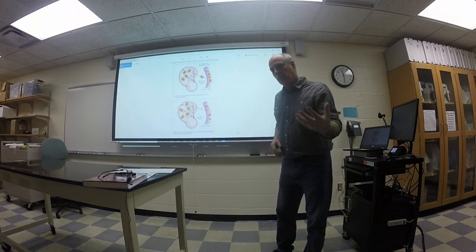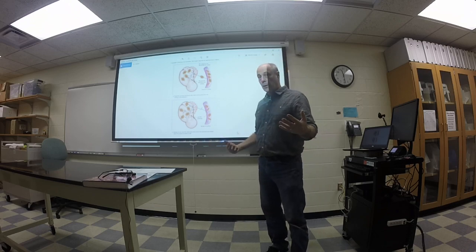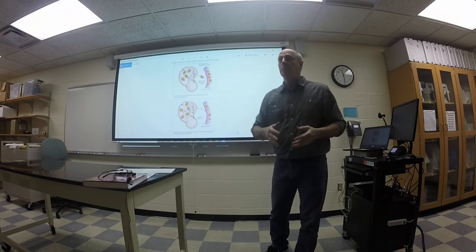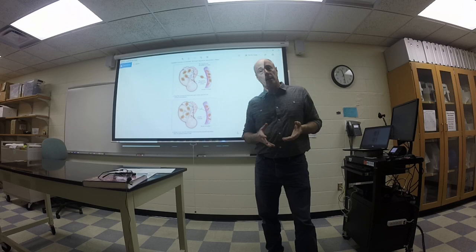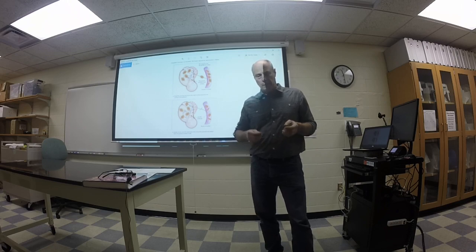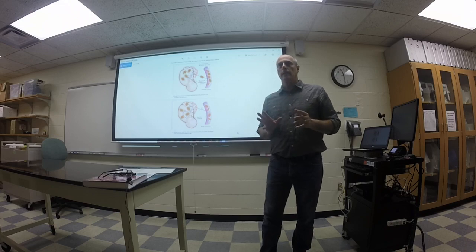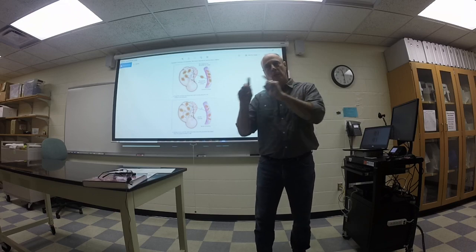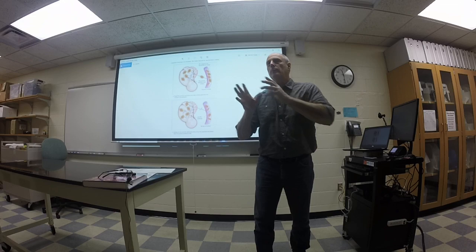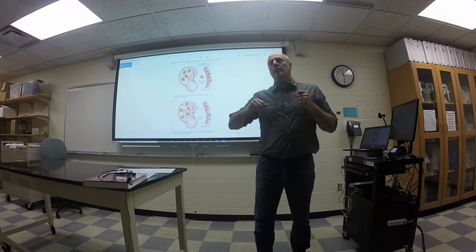Now, if mom is RH negative and some of baby's RH positive blood gets in there, that can be a problem because it's the wrong blood type. And so mom's blood doesn't like that blood there. So her body will develop antibodies.